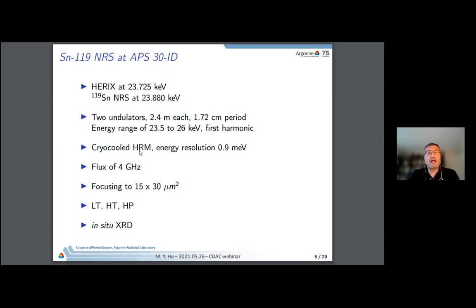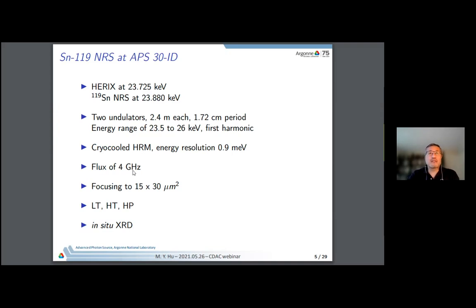One thing I want to emphasize is that the flux, this 4 gigahertz flux, is very high. It is 1 order of magnitude higher than what we used to have at sector 3, and compared to other sources around the world it is the highest, so it enables a lot more tough experiments.